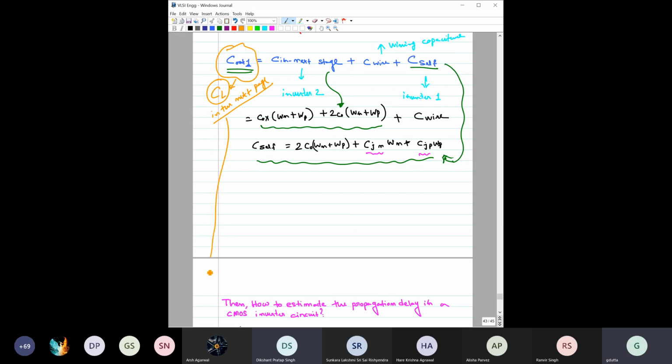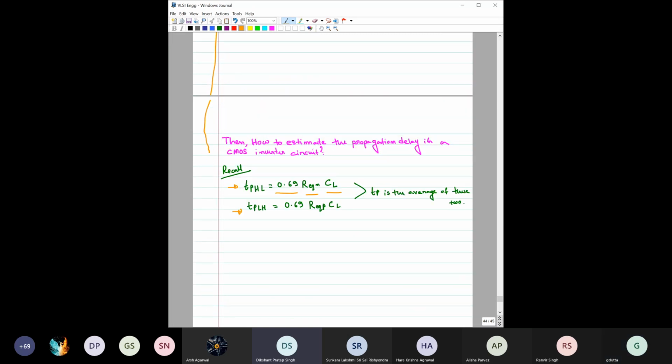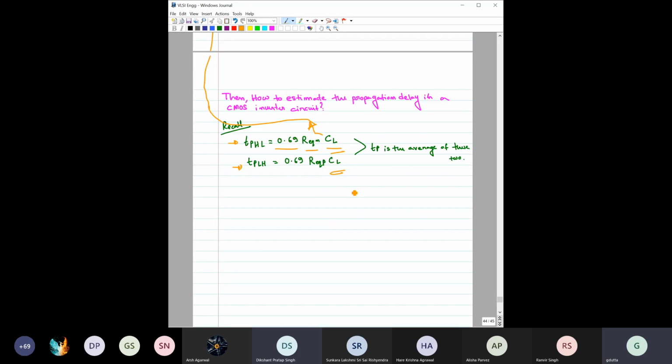So remember that. When you're considering CL, it includes everything. Now we know how to find the capacitance, fine.